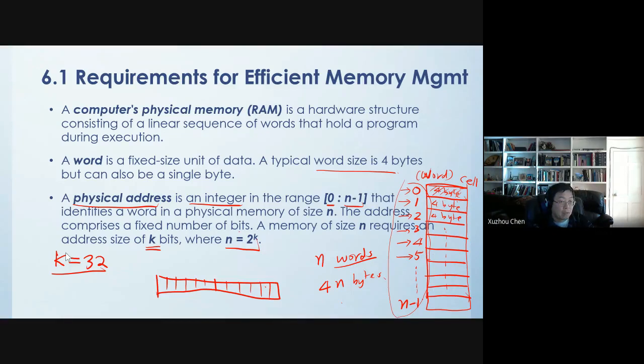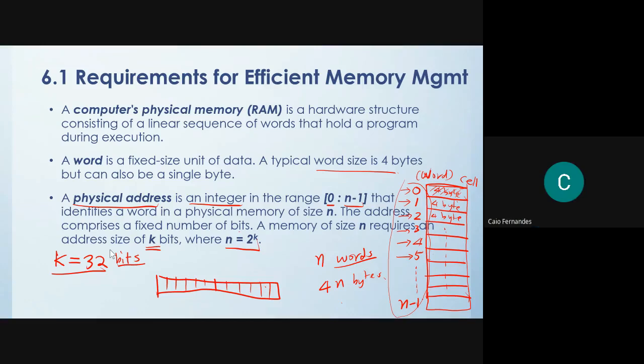Because if we use 32 bits, how many different numbers can you represent with 32 bits? 2 to the 32.